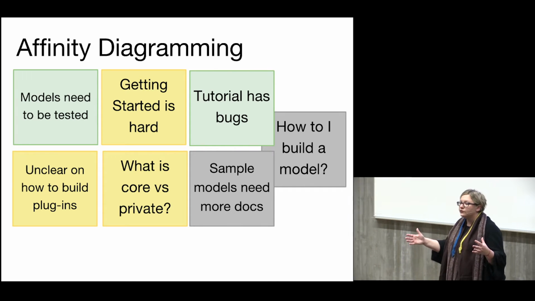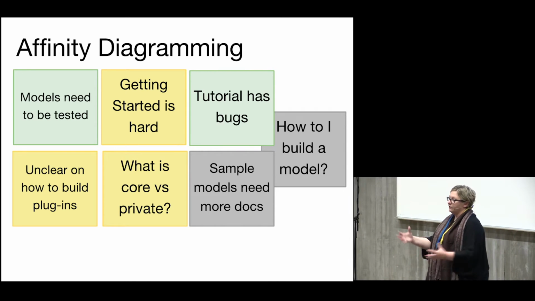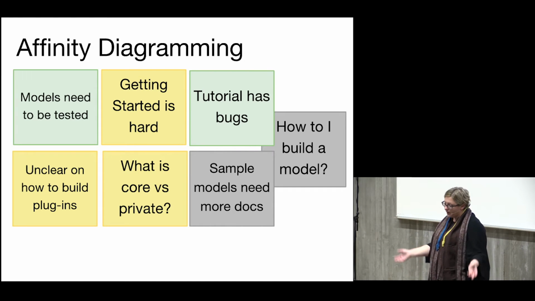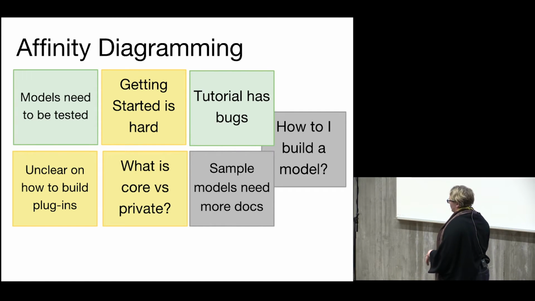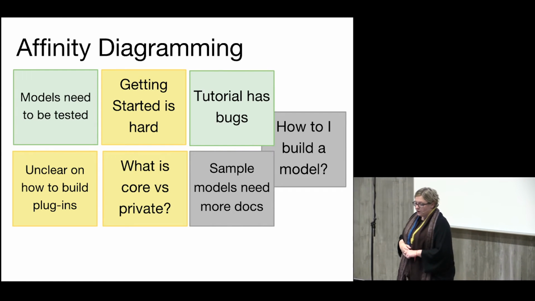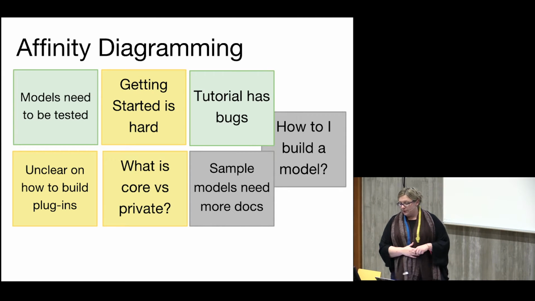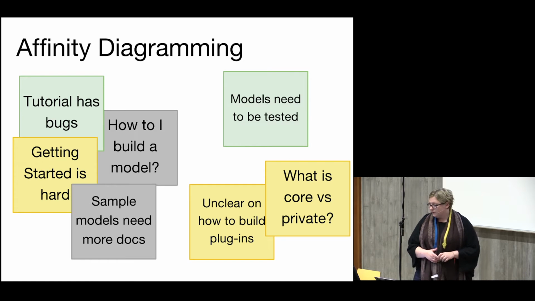It could be a group of users, and in my case, I have two different types of users: users who are trying to contribute back and users who are actually using the software. The users would write down what they're experiencing and the problems they're experiencing with the project. And then you start to group them together.